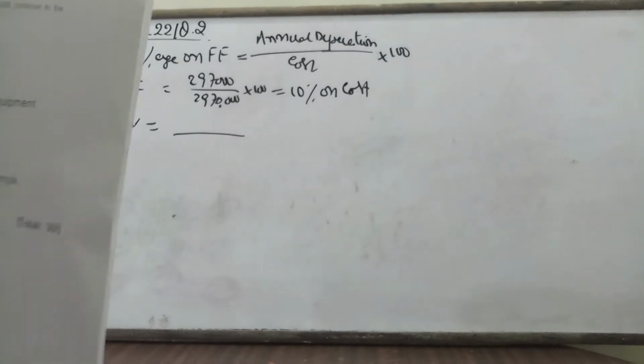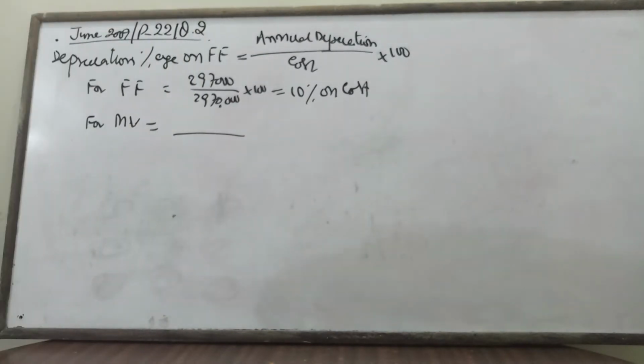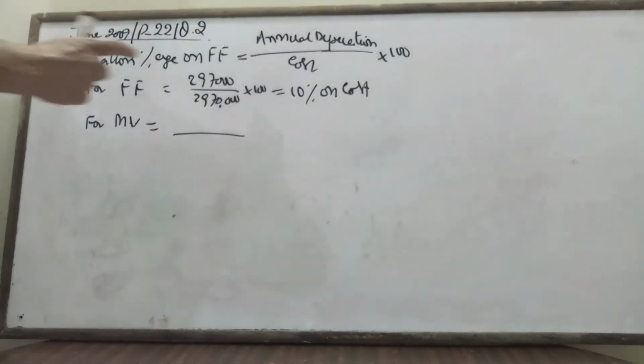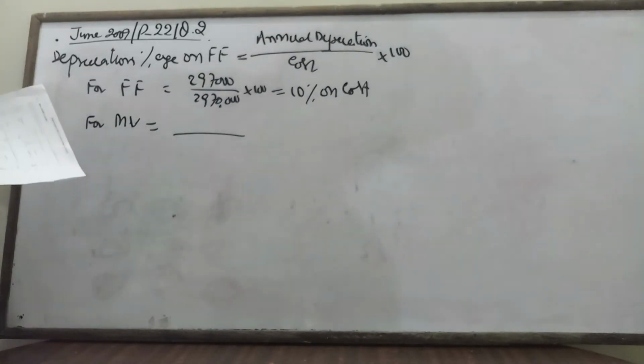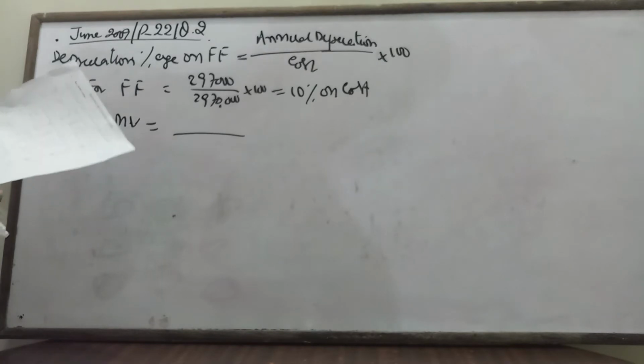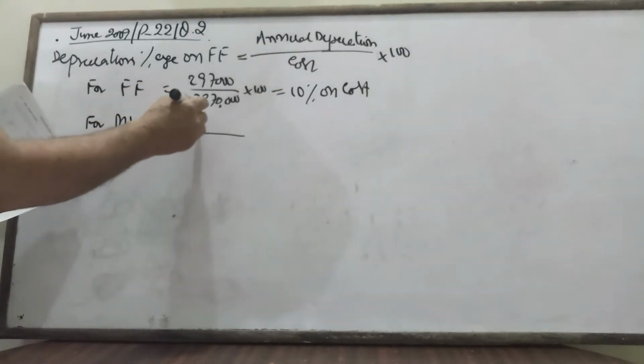That means the depreciation rate of 2008 will be applied in 2009. So this is the 2008 depreciation rate on fixtures and fittings, 10%. And for motor vehicles, the annual depreciation charged in 2008 is given in the allowance for depreciation account, motor vehicle, which is 450,000.